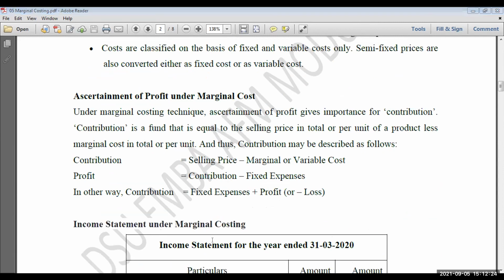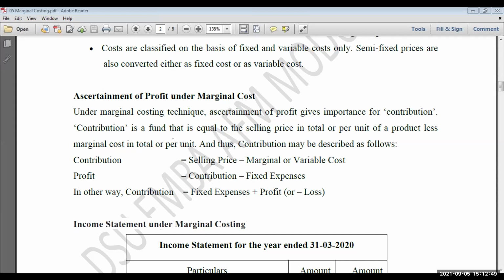So the next is ascertainment of profit under marginal cost. As I already told you, contribution is equal to selling price minus marginal cost or variable cost. If we sell 1 unit for 25 rupees, to produce 1 unit, 15 rupees is the variable cost, then contribution is equal to 10 rupees. It is per unit.